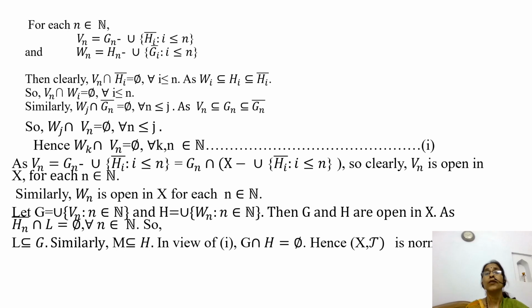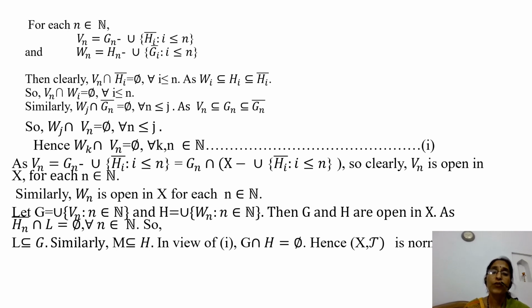And since Vn is contained in Gn and Gn is contained in closure of Gn, we have Wj intersection Vn is equal to phi for all n less than or equal to j. So from these two results, we conclude that any Wk and any Vn are disjoint. So we can write Wk intersection Vn is phi for all k, n in the set of natural numbers.